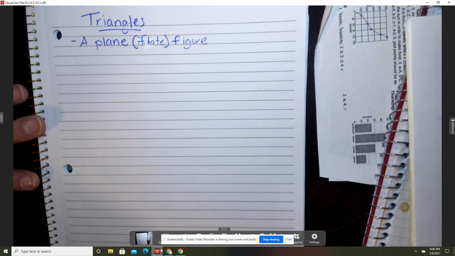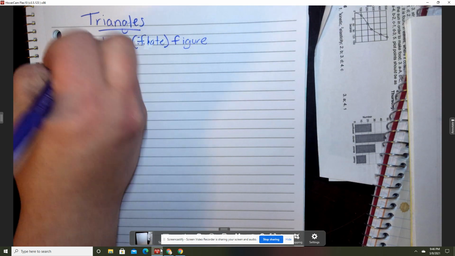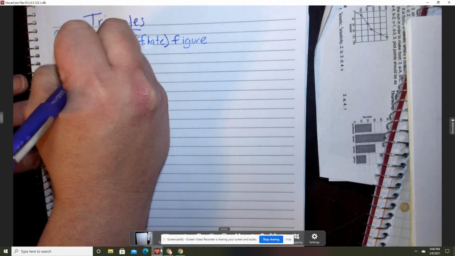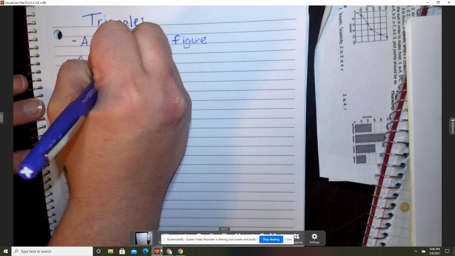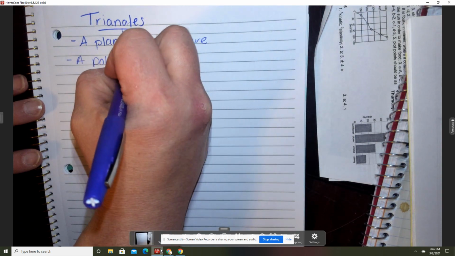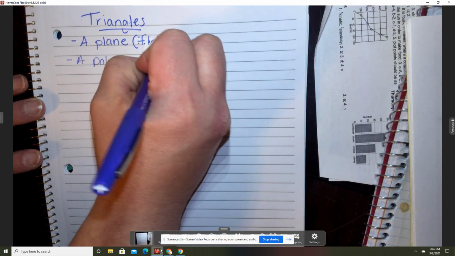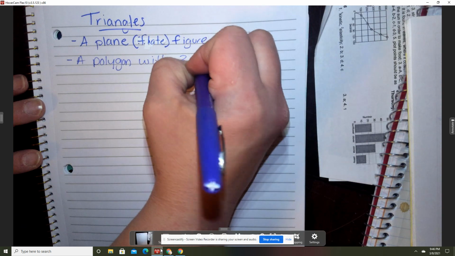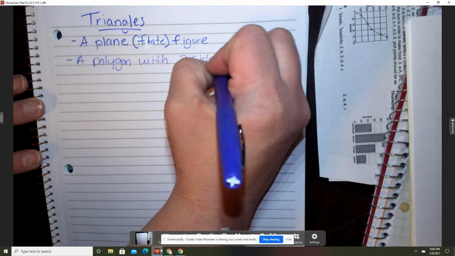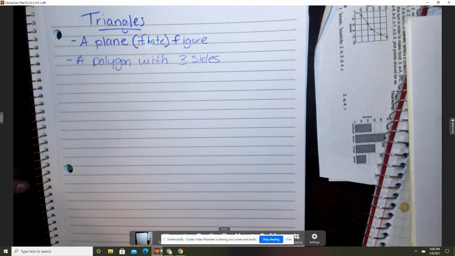So it's a plane figure, and it is a polygon with three sides. And we know that. Evelyn is 4 and she knows that a triangle has three sides. So that's something that's not new to us.